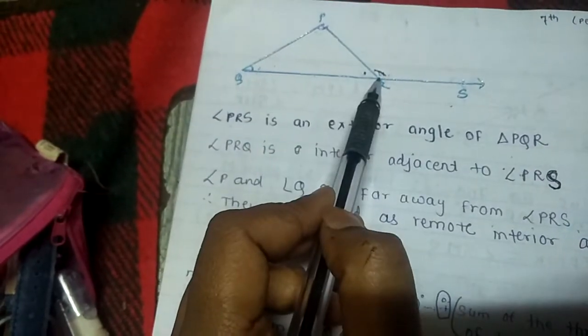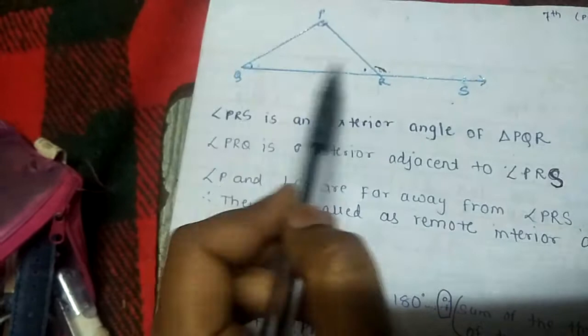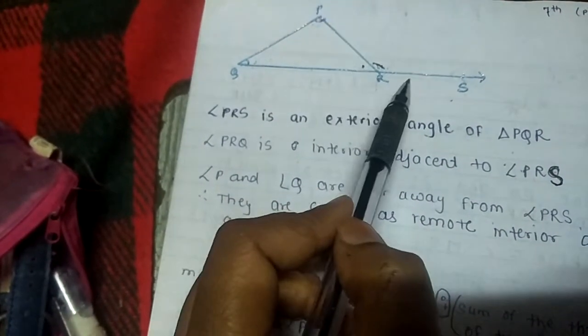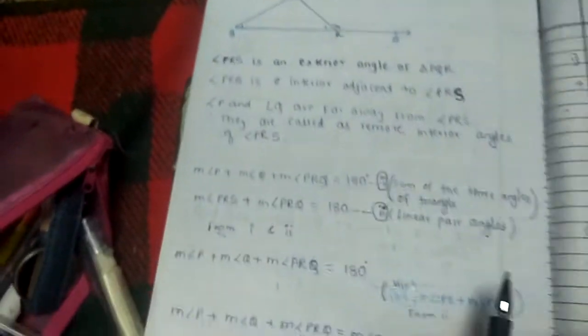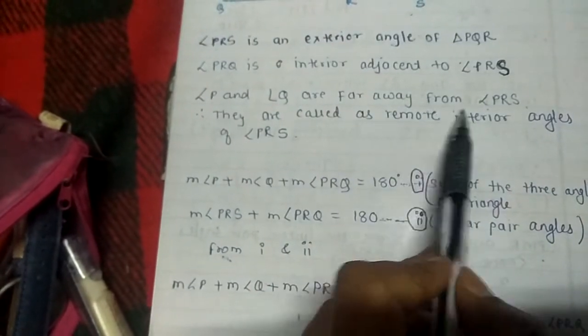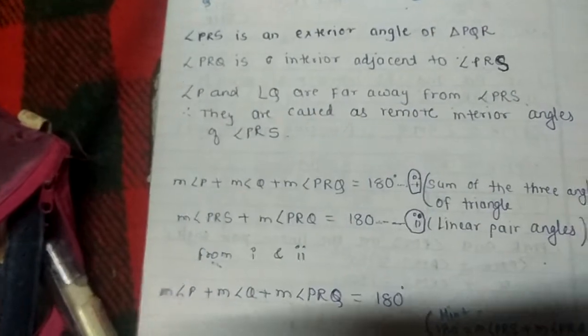This is the ray PR, common between angle PRS and PRQ, so these two angles are adjacent angles also. Now see what they are saying next: angle P and angle Q are far away from PRS, therefore they are called the remote interior angles of PRS.